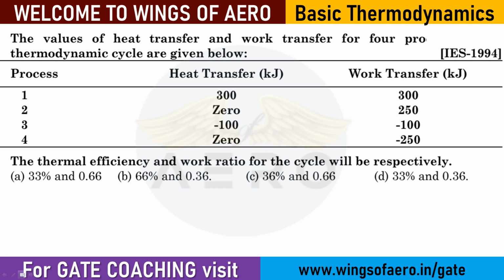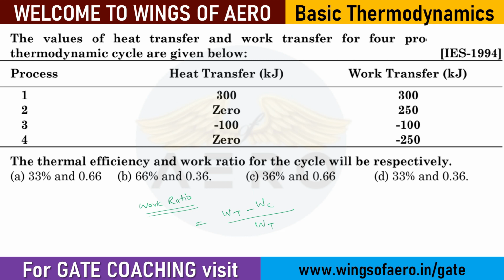Okay, and note down. Here we have work ratio. So we can also find out the work ratio how? WT minus WC, that is the net work done by the turbine work.